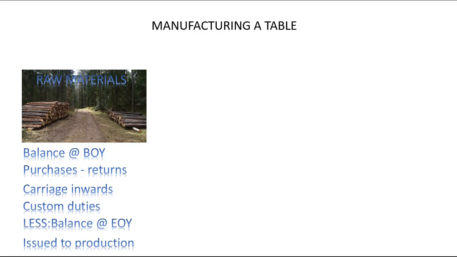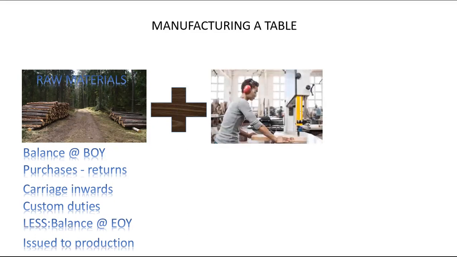Now, with raw materials only, you cannot have a finished product. So you will need someone to convert these raw materials into finished products. The person that is directly involved in making that product, we call them direct labor. So what makes up direct labor?